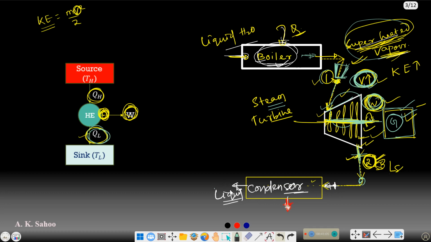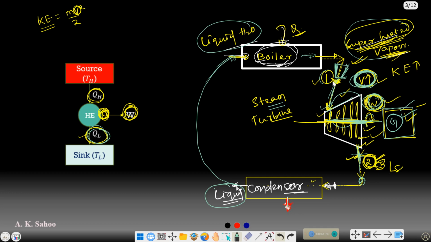Now definitely here we have the liquid and here also we have the liquid. Now we can supply this liquid to this. So how can you supply that? Due to this expansion process, this work production process, we have lost some form of energy, right?